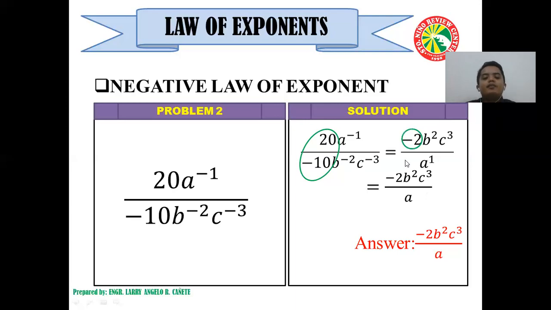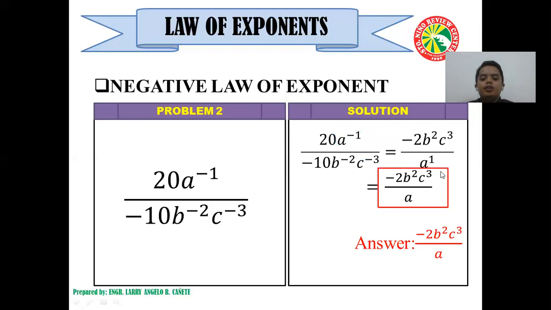And then for case 2 and case 1, first, these two here, b and c, their exponents are negative. So they go up, but their sign will be changed to positive. In the same manner, for a to the negative 1, it goes down and becomes positive.